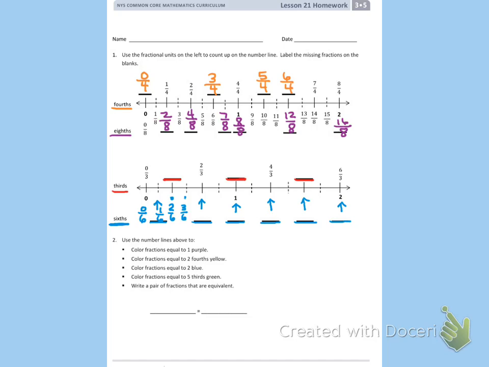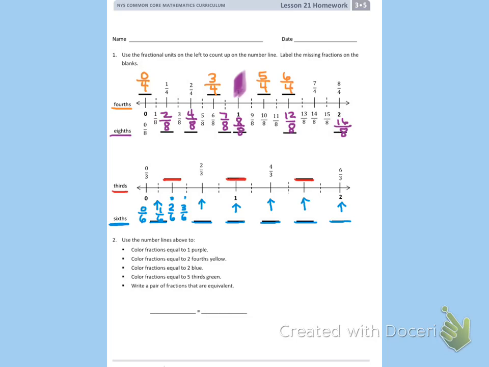That means that are equal to 1 whole. I know that 4/4 is the same as 1 whole, so I'll color it purple. I think I'll adjust my marker on that so it's not quite so large. Let me try that again. 4/4 is the same as 1 whole, so I'll color that purple.